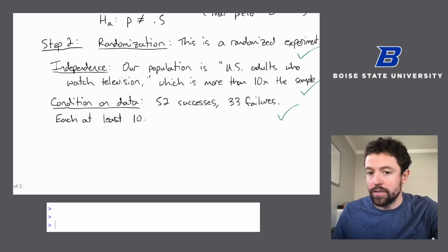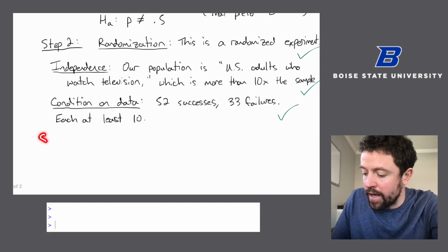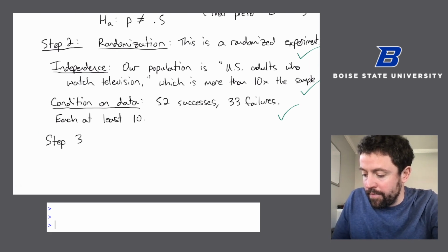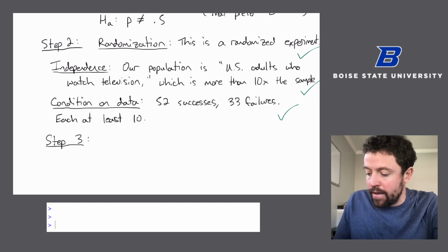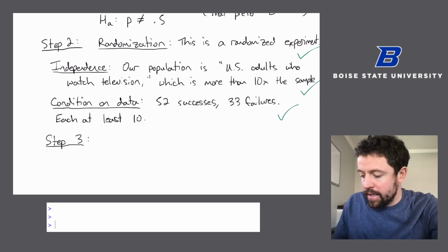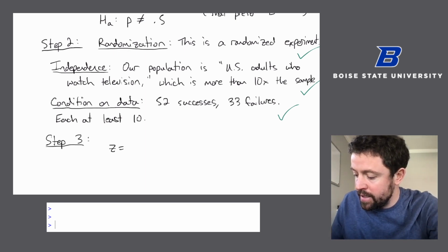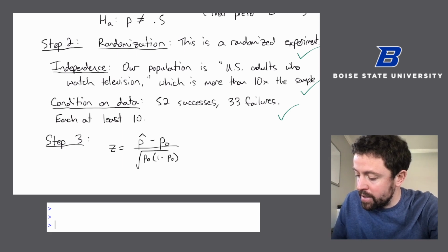So we have hypotheses. We have checked our conditions. So in step 3, we have to do our calculations. And our formula for a test statistic is z equals p hat minus p naught over the square root of p naught times 1 minus p naught over n.